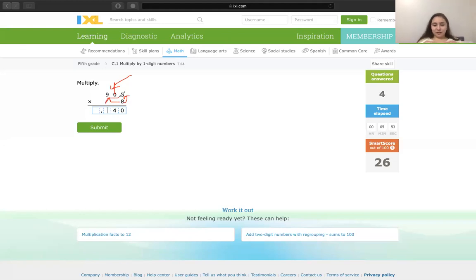I don't know if you guys know the trick for the multiplication tables of the 9 with your fingers, but you basically just put this one down, and I know it's 72. So since there are only 2 boxes left, and this is the last number, I can write 72. Okay?